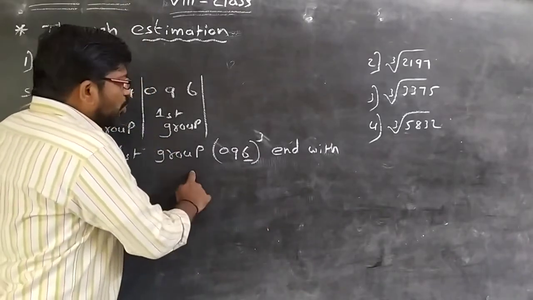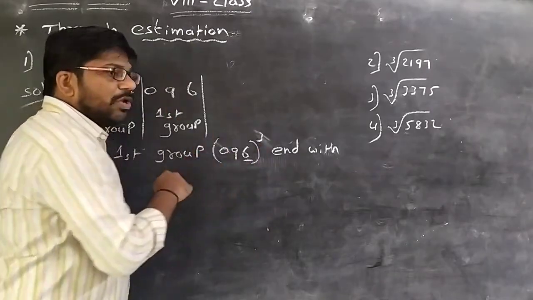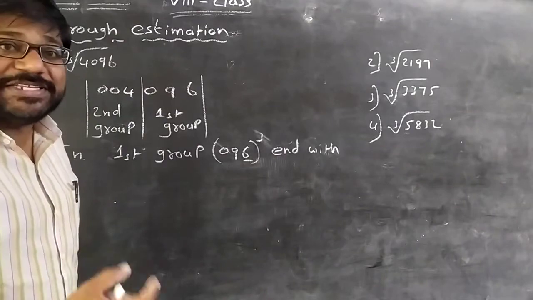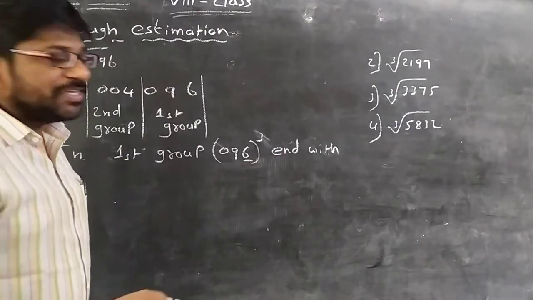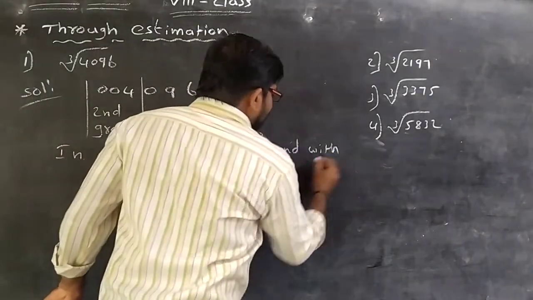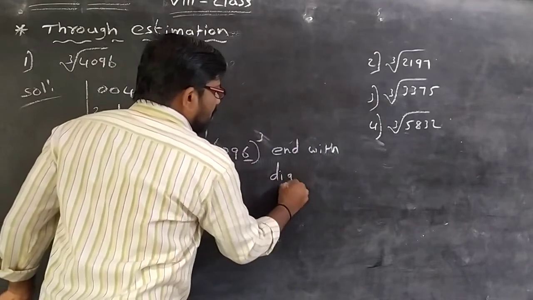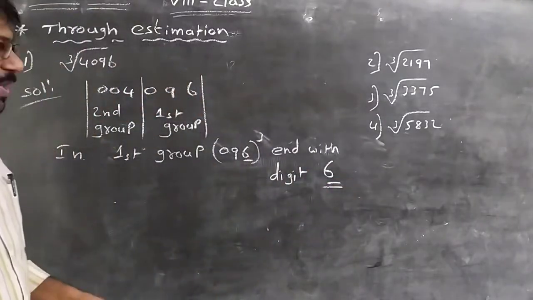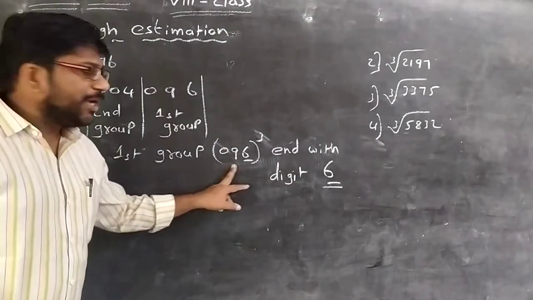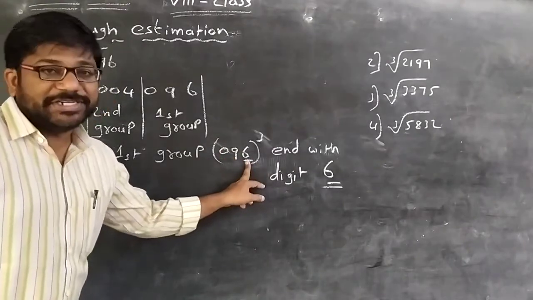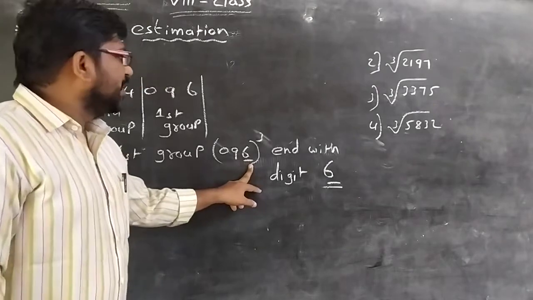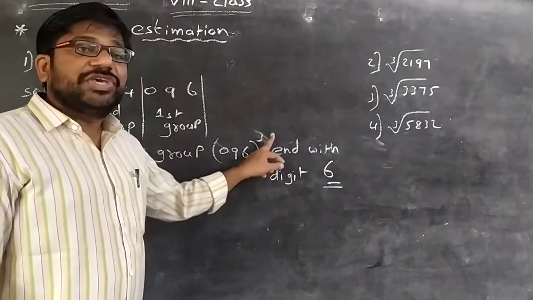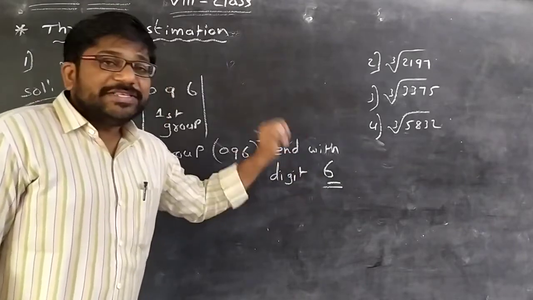So in the first group 096, the cube ends with the last digit, that is the units digit, 6. Don't take the total number, only the units digit. So the units digit cube ends with the digit 6.